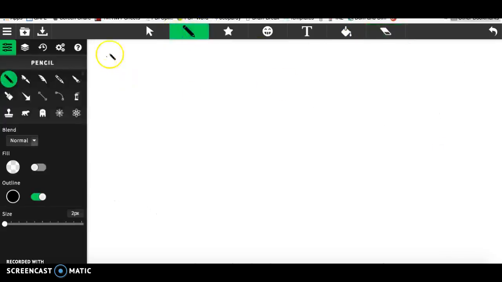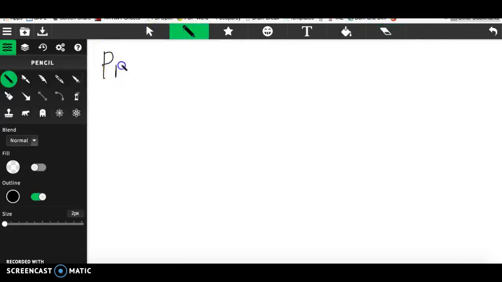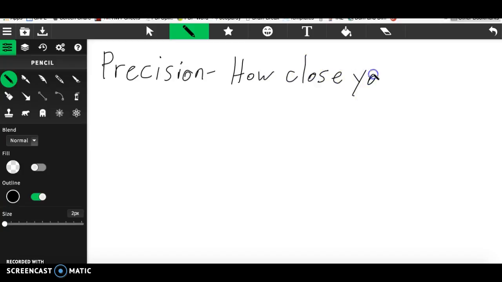Okay, now precision. Precision: it's how close your measurements are to each other.